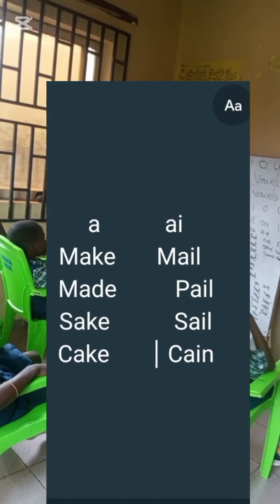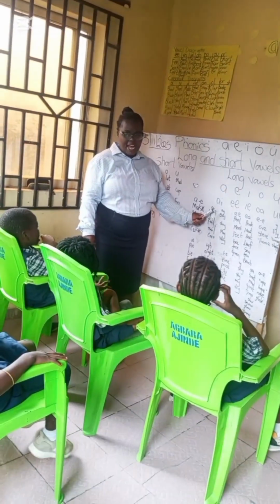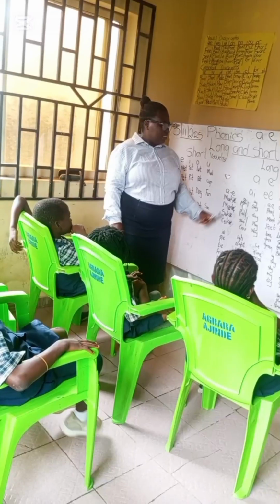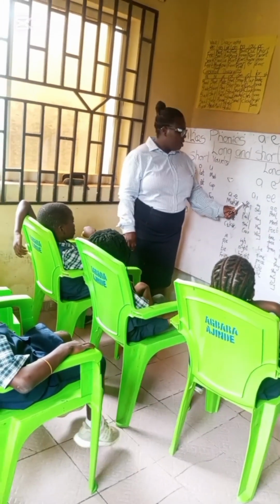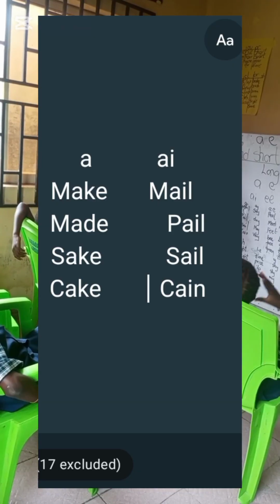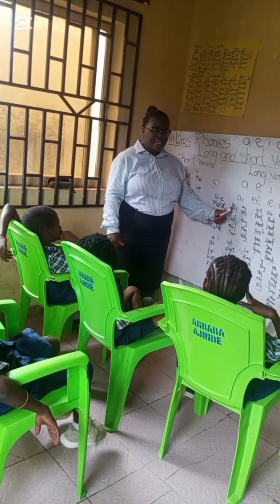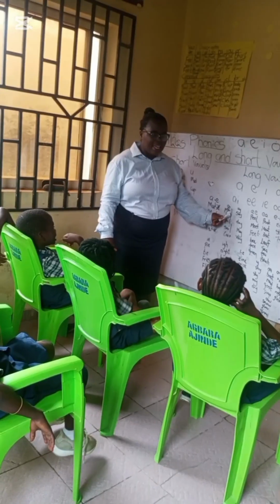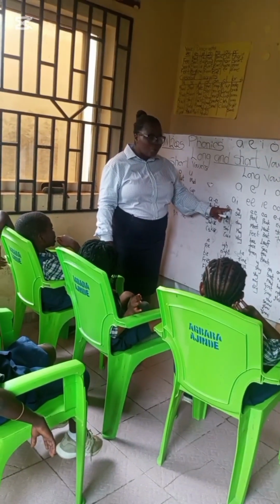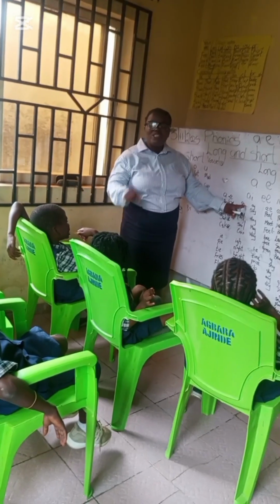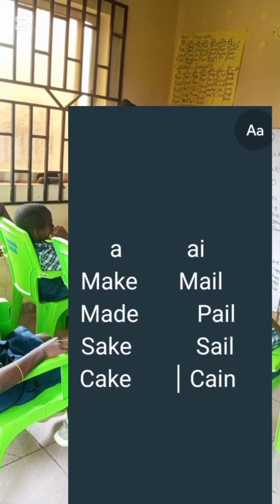Then we move to A and I. You can see we have two vowels here, A and I. It looks like your vowel diagram, yes? You remember that we said A I sounds A. Why is it sounding A? It is sounding A because the I is the second vowel. The second vowel will always be silent.